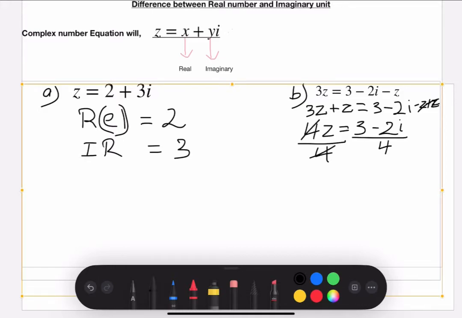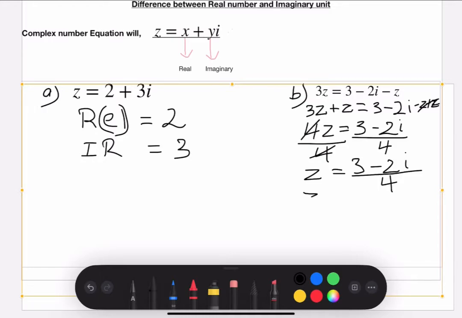So 4 divided by 4 is 1, and we are left with z equals 3 minus 2i divided by 4. Before we go further, we need to notice that 4 is the denominator for both numbers, so we have to write it separately.